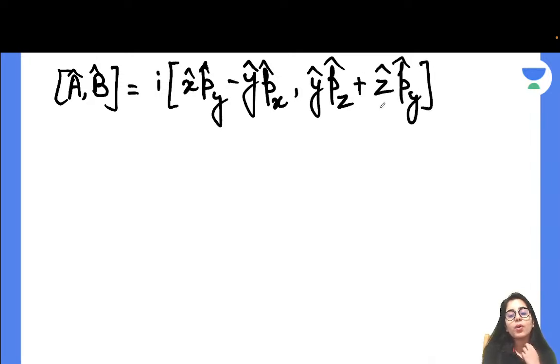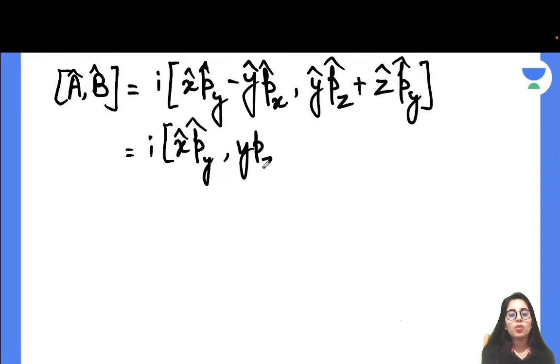Okay, now in this case, what will happen? You have to just follow the steps the way we are going to discuss, and focus on what I'm going to let you know, so that it will be quite easy for you. Initially, to make it easy, I'm going to split them into separate commutator brackets, and then we will go over the next step.